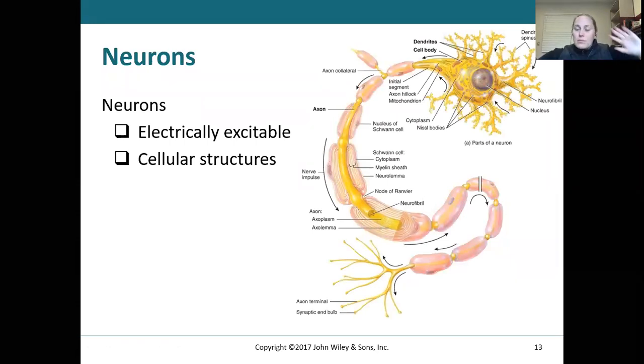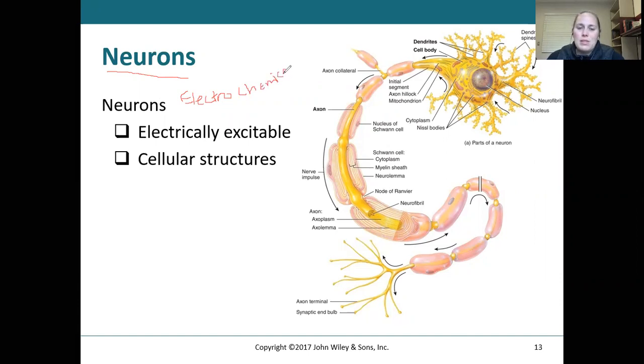Okay, so when you're talking about the nervous system, you're talking about its functions. Often we talk about one of the main functions of the nervous system as sending and receiving signals. And the workhorse cell that sends and receives signals is the neuron. So the neurons send and receive signals via electrochemical, I'm going to write this out here, electrochemical, oh gosh, the writing is not great, electrochemical signaling.